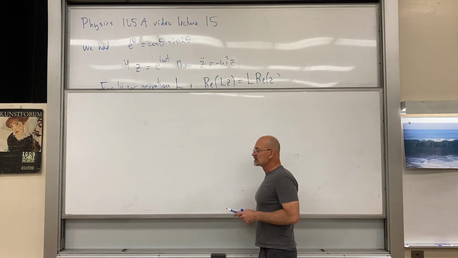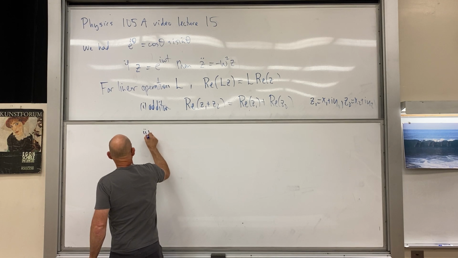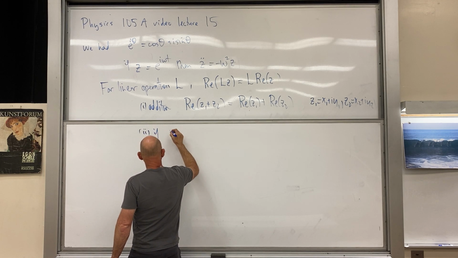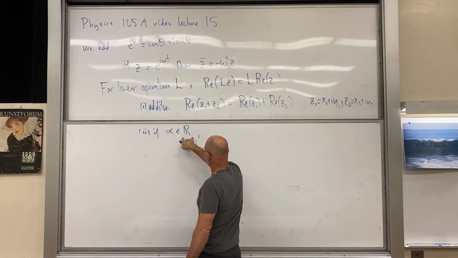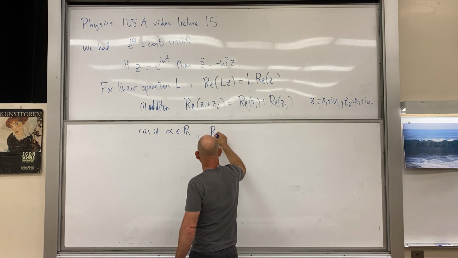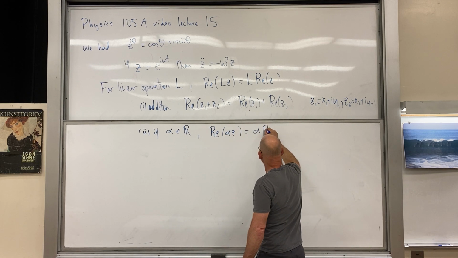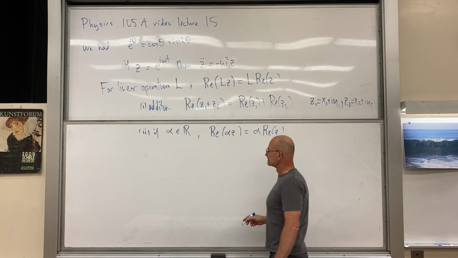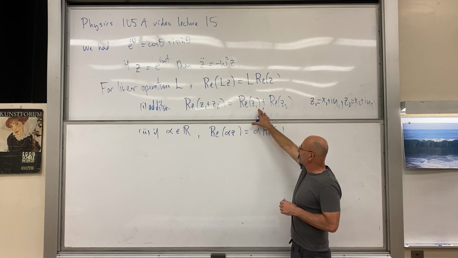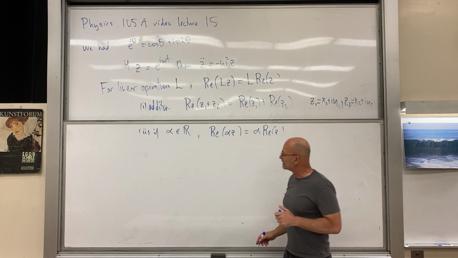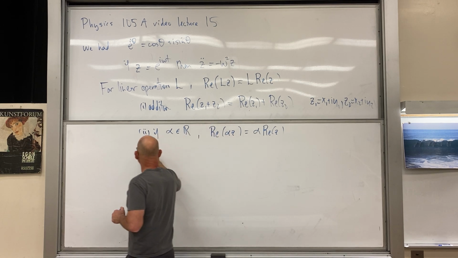And then multiplication by a real number. So if alpha is real, part of the real numbers, then the real part of alpha z is equal to alpha times the real part of z. Now, very important to note that this basic thing is not true for multiplication and for nonlinear operations in general.